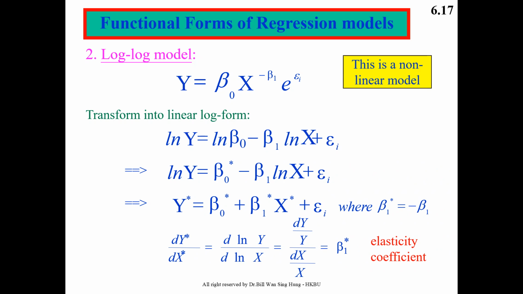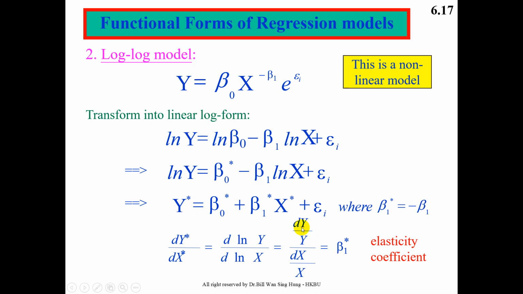If you follow this, we equate this to beta naught star, and this to y star, and this minus beta 1 to beta 1 star, and log of x to x1 star, where beta 1 star is equal to minus beta 1. And if you take the derivative of y star with respect to x star, we get beta 1 star, and that is the elasticity coefficient.